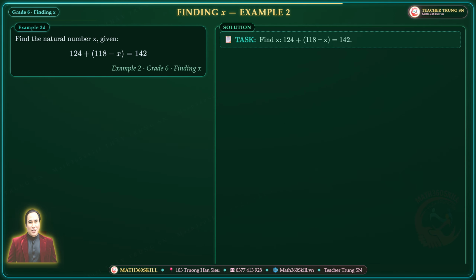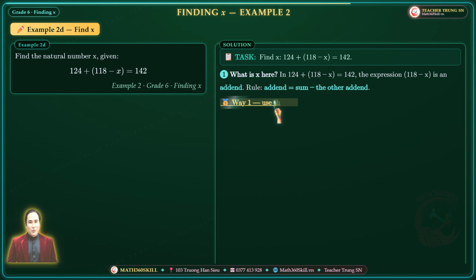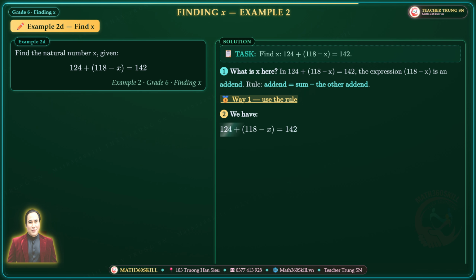And part D, 124 plus the bracket 118 minus x equals 142. What is x here? The bracket 118 minus x is one addend of the sum, and an addend equals the sum minus the other addend. Way 1, with the rule, we have 124 plus the bracket 118 minus x equals 142.